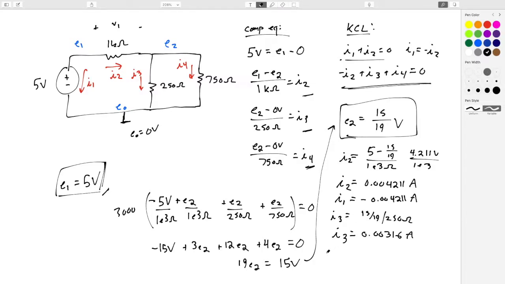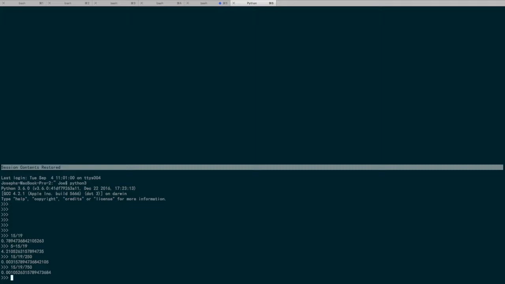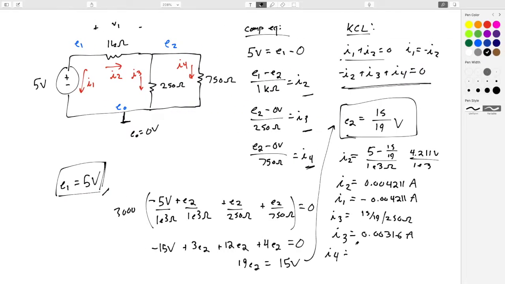And then I4 will be the same number, 15 over 19 divided by 750, which is 0.00105. Okay, so we have I3 and I4, and I1 and I2.